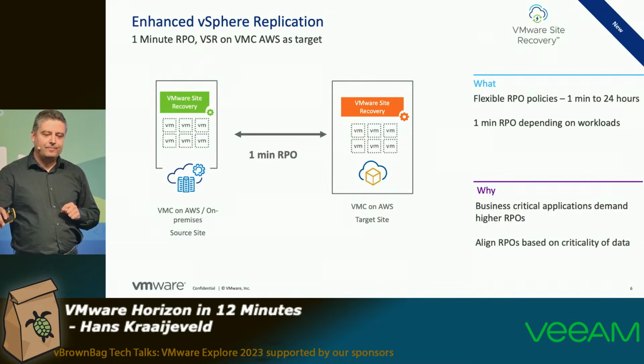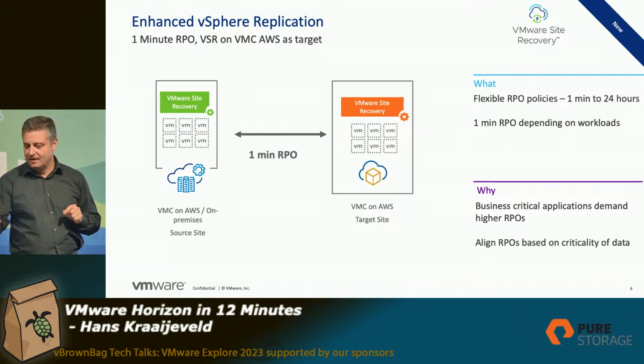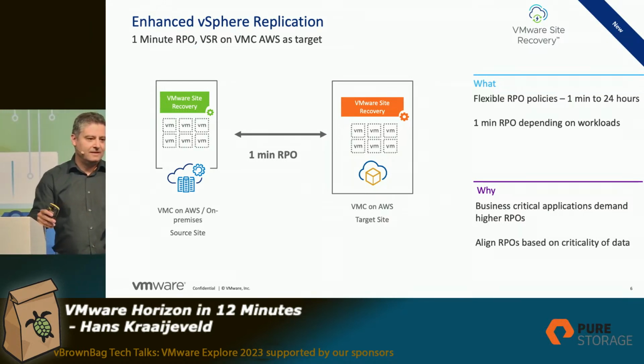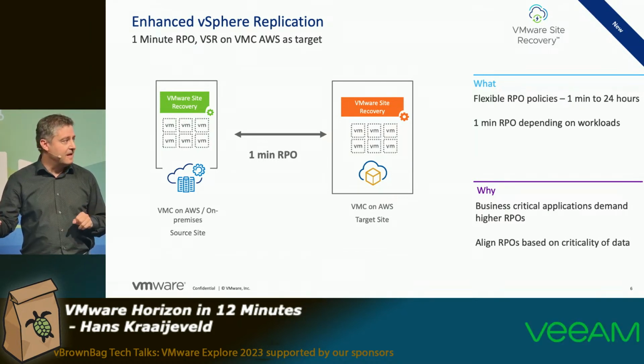And now I want to highlight the new features in vSphere Replication and Site Recovery Service. We recently introduced 1 minute RPO. This was a heavily requested feature. A few years ago we announced 15 minutes, then 5 minutes, but with the existing architecture, 5 minutes was the limit.